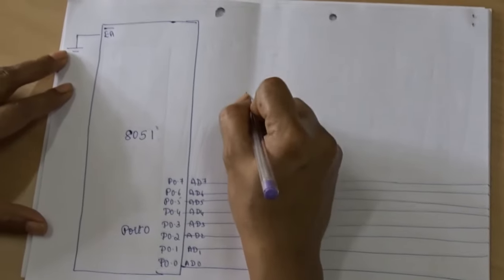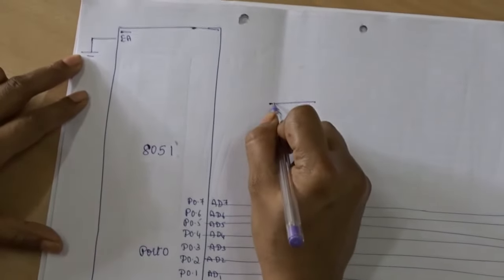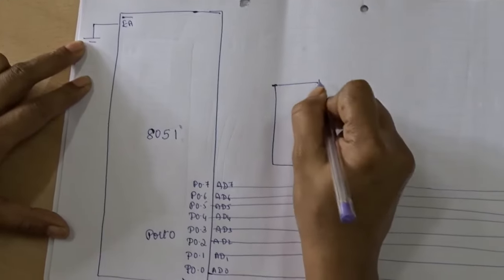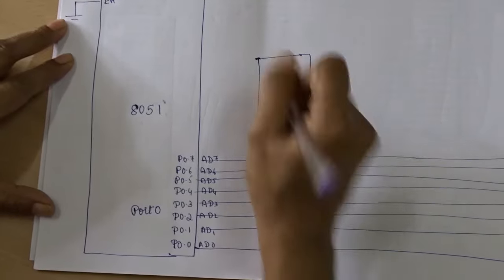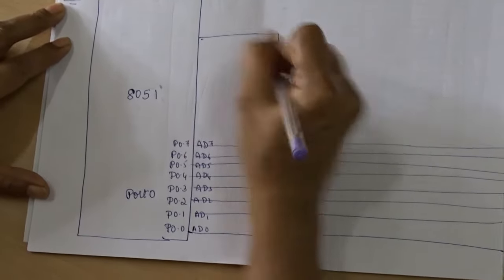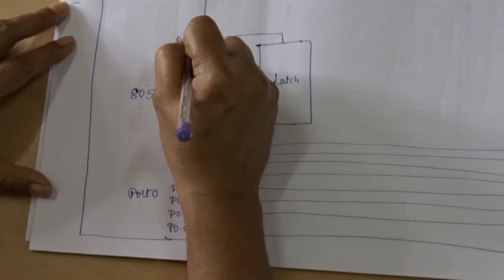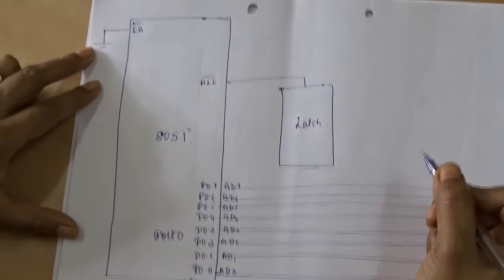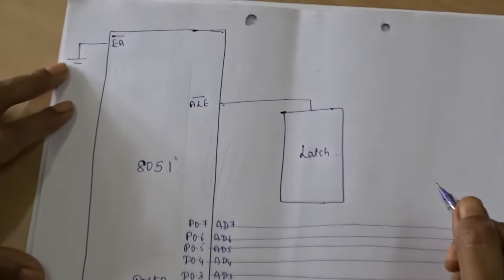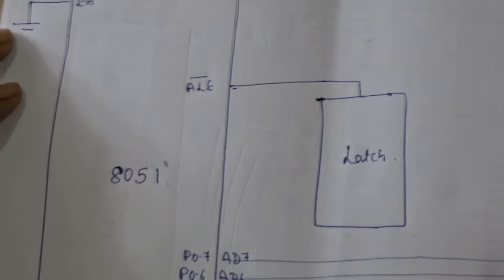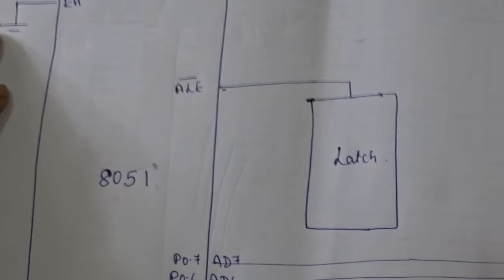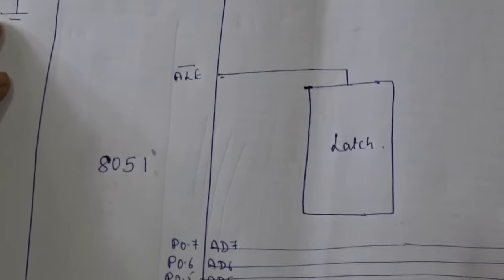So the next question is how to separate the address as well as the data. For that we need to use a latch. This is a latch, and to the latch you need to connect the ALE signal, that is address latch enable. When ALE is equal to 1, addresses are sent, and when ALE is equal to 0, the address is latched and data is sent.